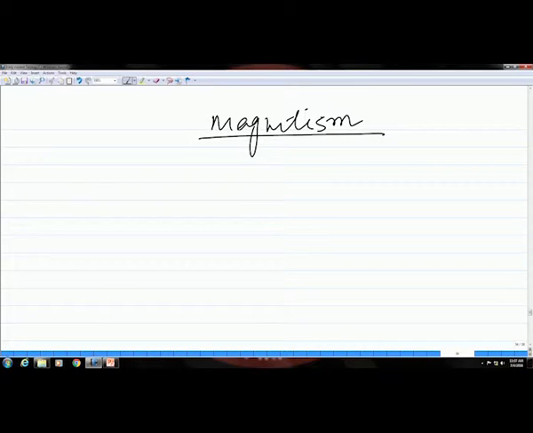So, let us see what is that change that magnetism brings into the picture, and how will be the eddy current response when you have a magnetic material. Okay. So, we come back to this again, and we have seen this lift off curve. Okay.